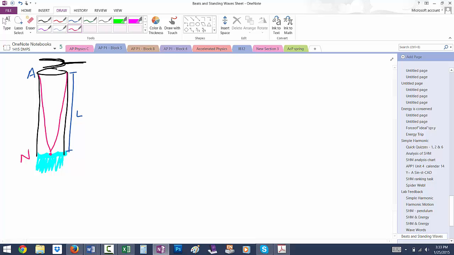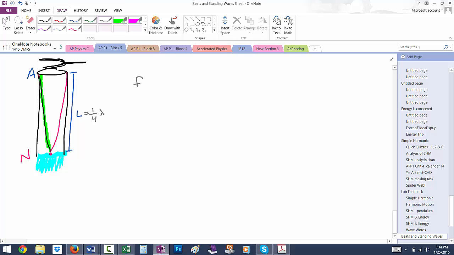Okay? If we look carefully at that, we can try and figure out how much of a wavelength that wave is. So we're going from a crest or a trough to an equilibrium point. So instead of going through a half wavelength like we did before, this is really only a quarter of a wavelength. Okay, so this one is fundamentally different.